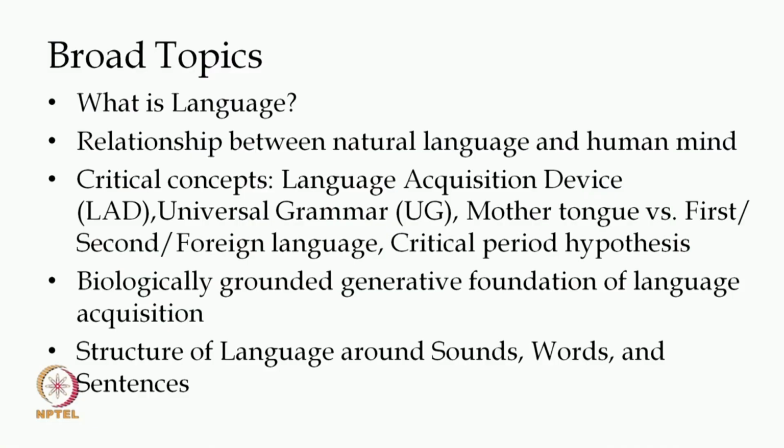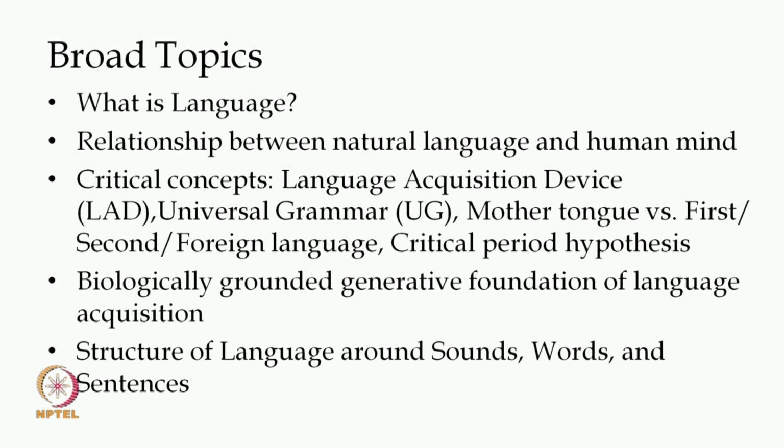Some of the broad topics that we are going to be covering in this course are issues like what is human language, what is natural language. We will be looking at some of the critical concepts in understanding human language like the language acquisition device, universal grammar, mother tongue, critical period hypothesis.